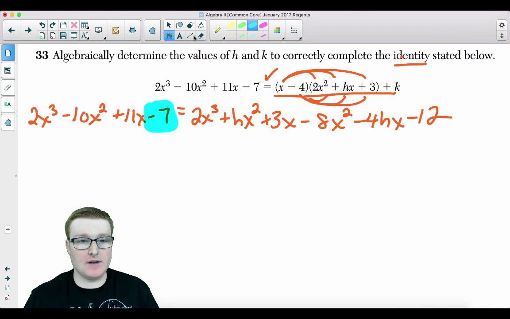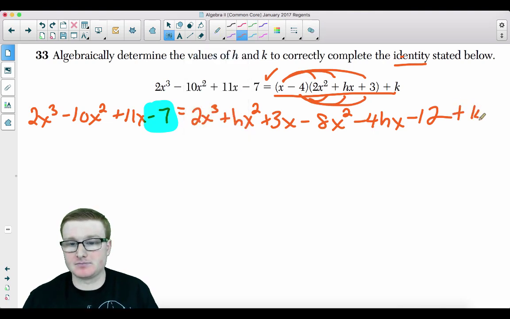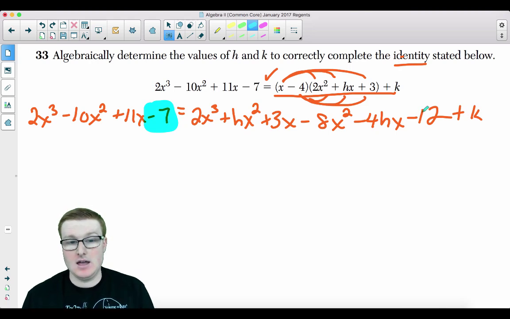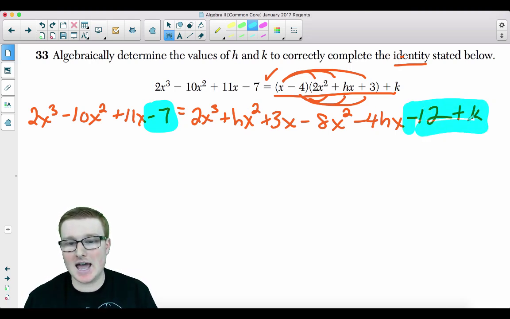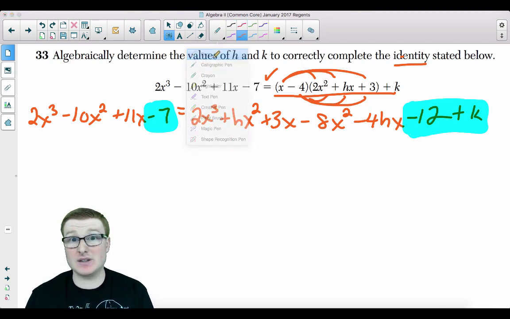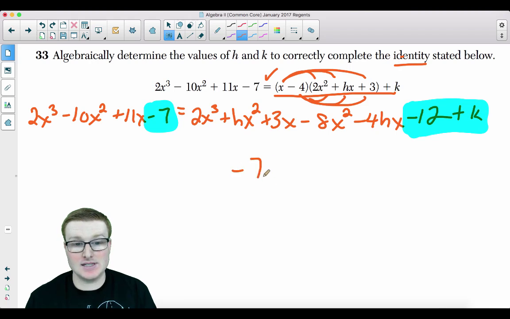On the right, oh, I forgot to add that plus k at the end. My apologies. That's a constant. The constant over here, which is -12 plus k, has to equal -7. Well, to solve for the value of k, -7 must equal -12 plus k.